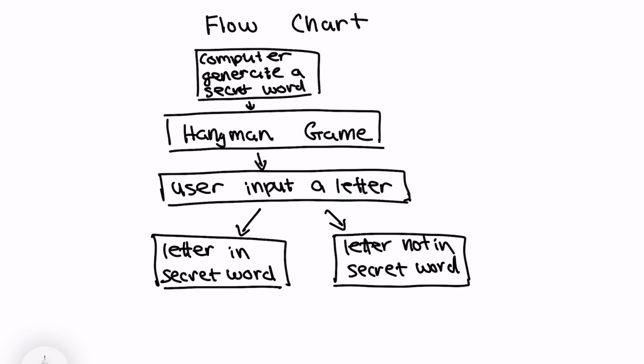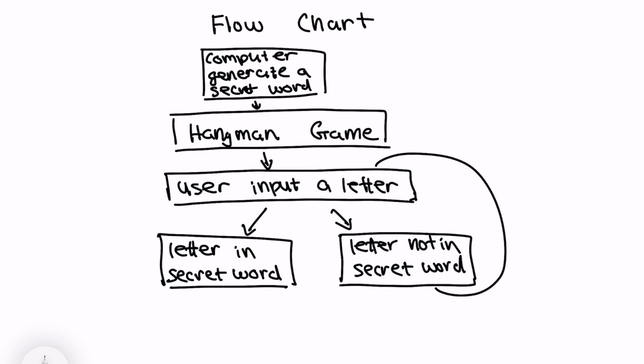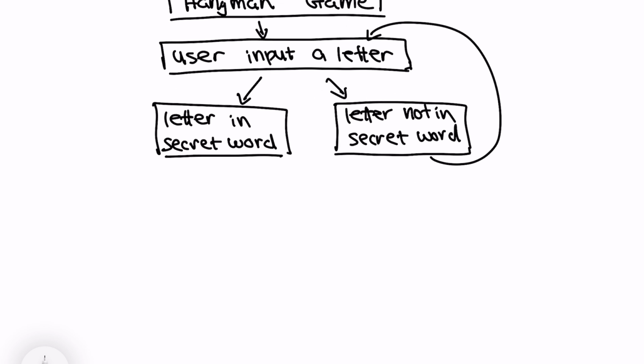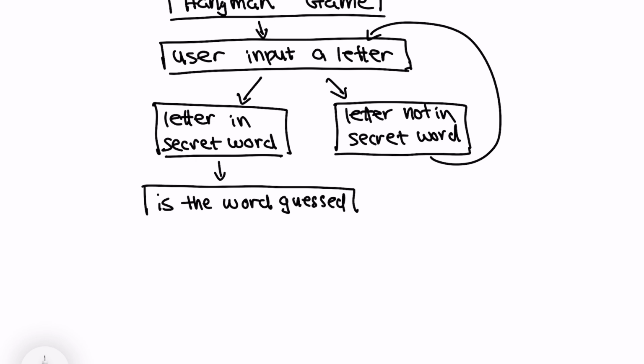If the letter is not in the secret word, then we just go back to the input and the user guesses again. But if the letter is in the secret word, we have to ask, is the word guessed? For the whole secret word to be guessed, all of the letters in the secret word have to be guessed. So there are 2 outcomes: either no, it hasn't been guessed, or yes, it has been guessed.